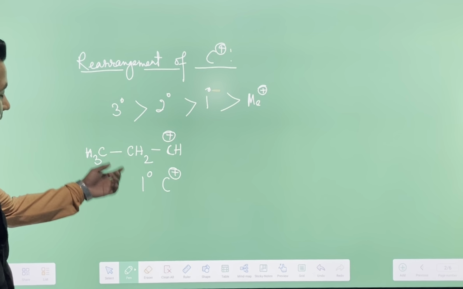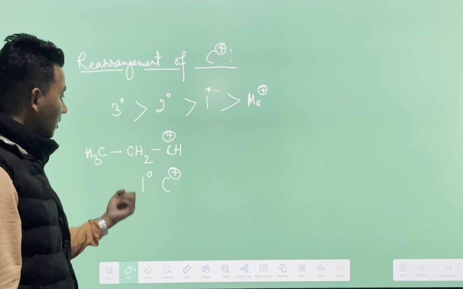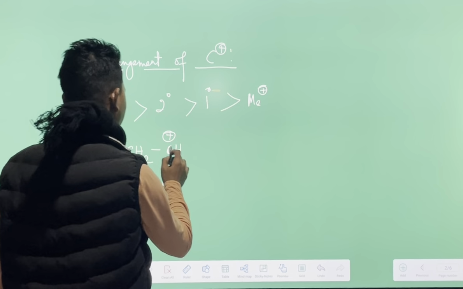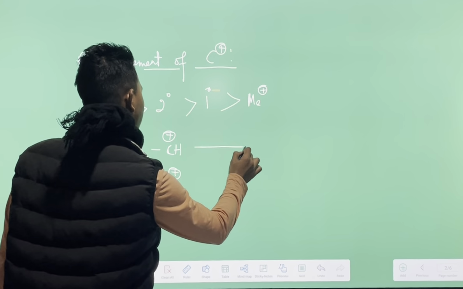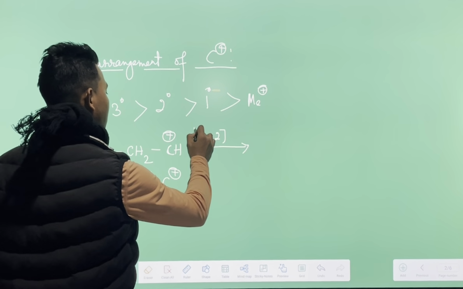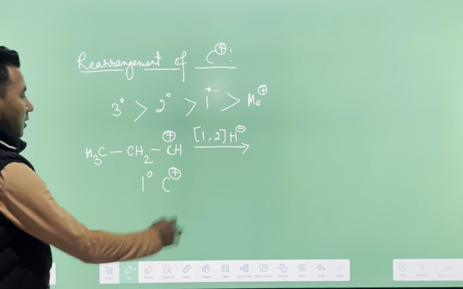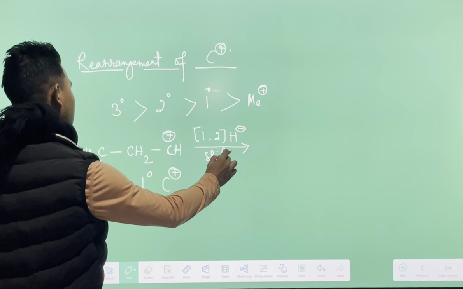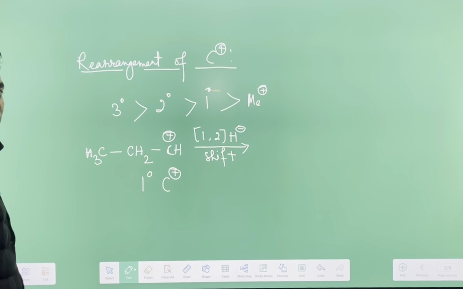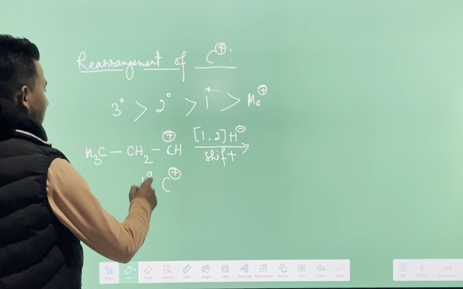But if there is any possibility to rearrange that carbocation, we have to rearrange it by a hydride shift. 1,2 hydride shift. In order to get the most stable carbocation, we have to shift one of the hydrides.